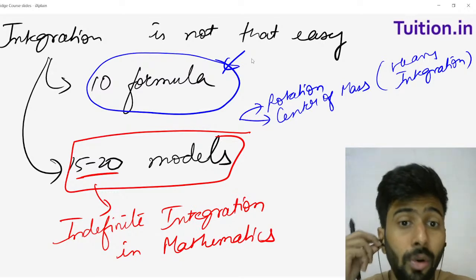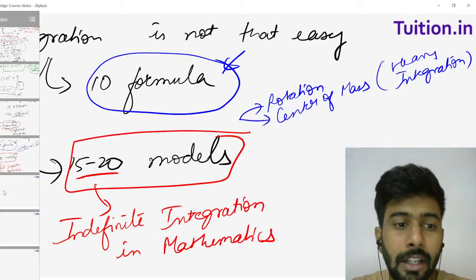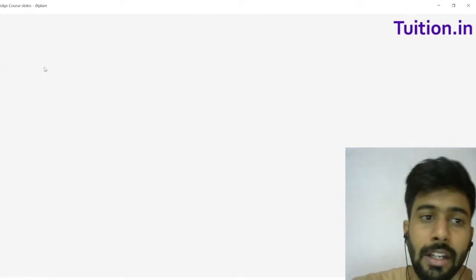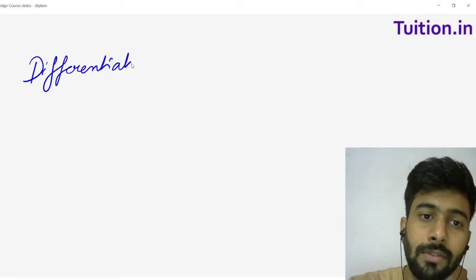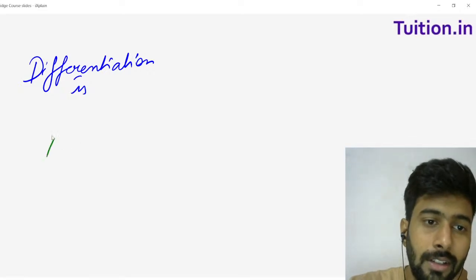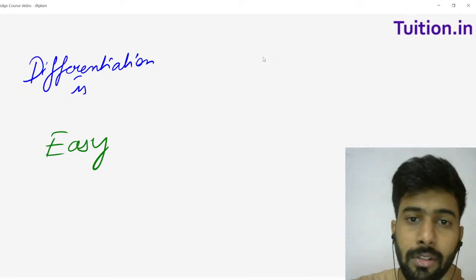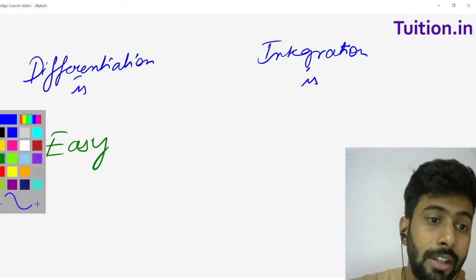You will need more information, more models to integrate, because let me tell you what makes differentiation easier than integration. I am telling you that differentiation is easy, and integration, on the other hand, is not easy.